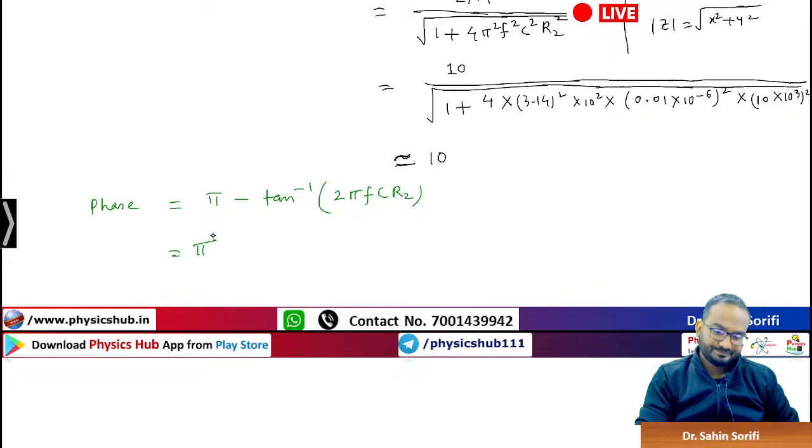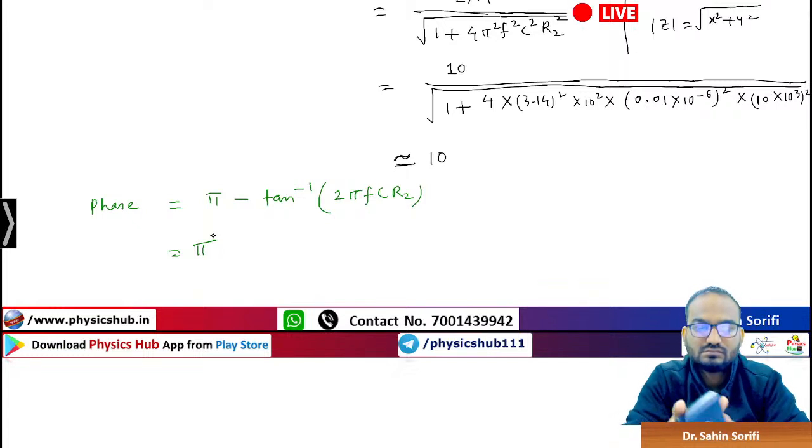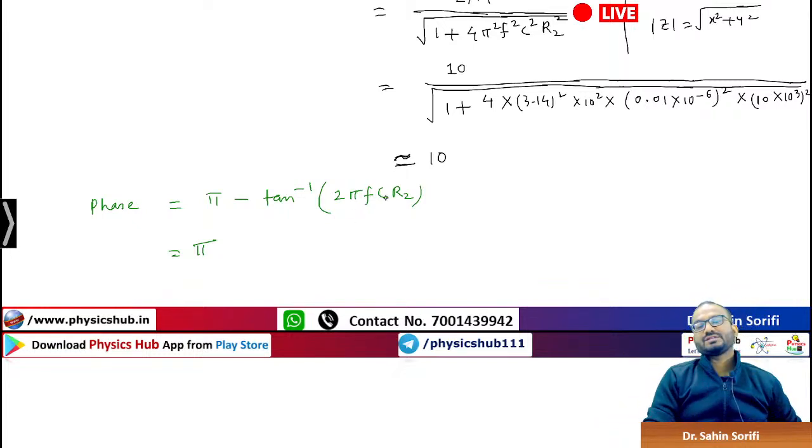Look, this 2 pi FCR2 is a very small number.